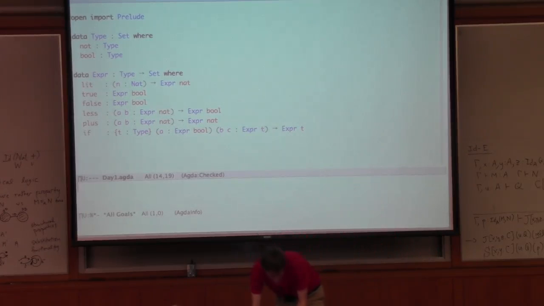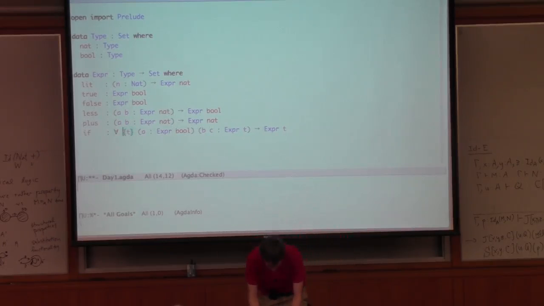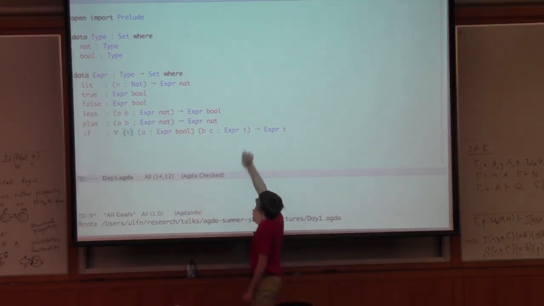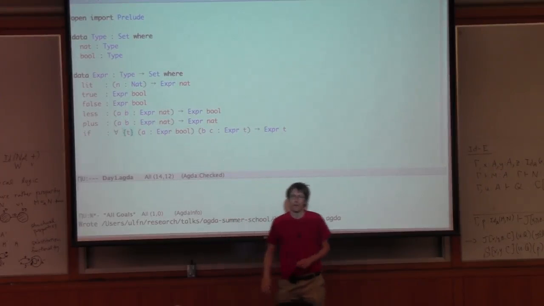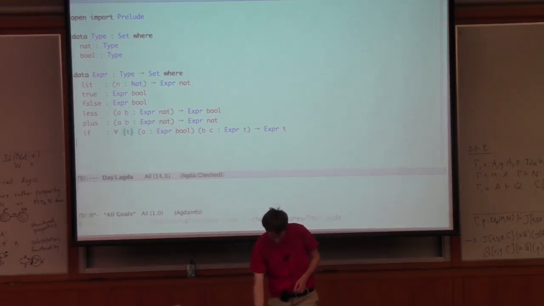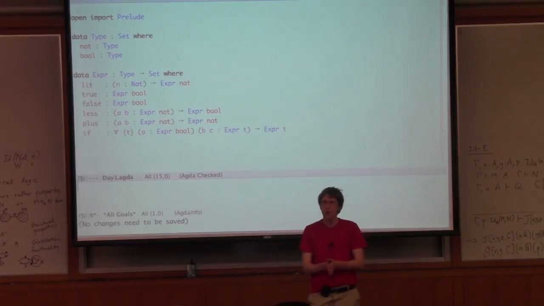And writing for all lets me leave out the type, because it's clear from how we're using t that it needs to be one of those capital type things. So that type checks.